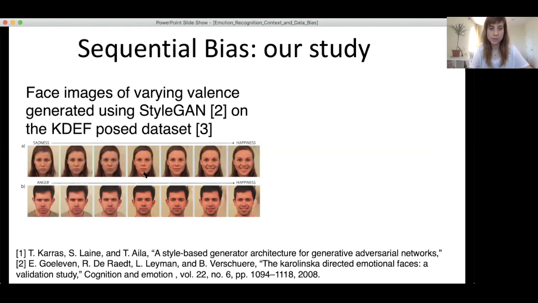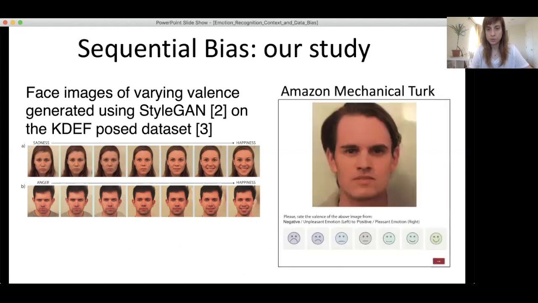In that case, the image in the middle is neutral. We designed this Amazon Mechanical Turk interface where annotators see the face, and they had to select the valence of this person from negative to positive with 7 categories, including the neutral. We focused our study on the neutral images because they are the most ambiguous.